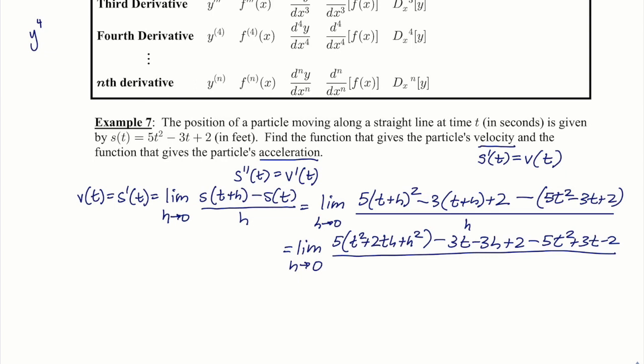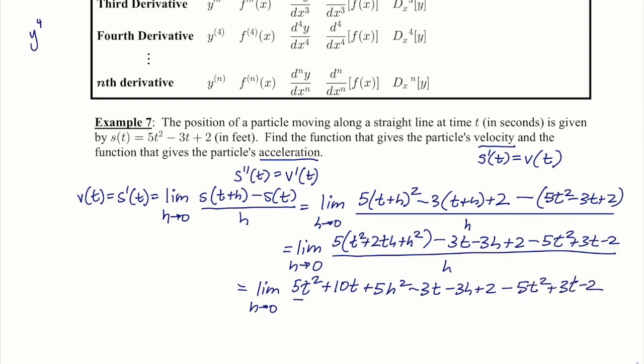And lastly, distribute the 5, and then we can start adding and subtracting terms. So we have 5t squared minus 5t squared, we have 3t minus 3t, and we have 2 minus 2.